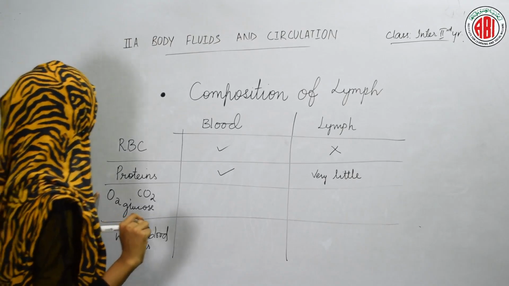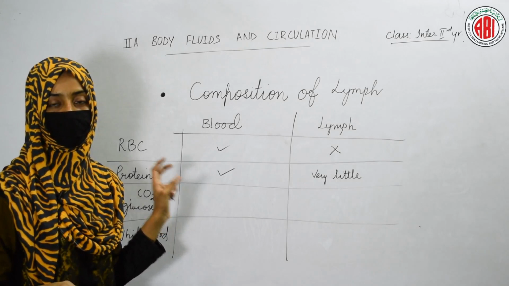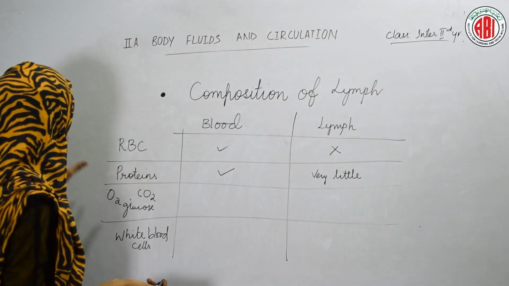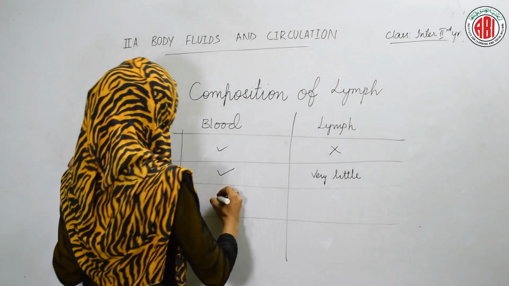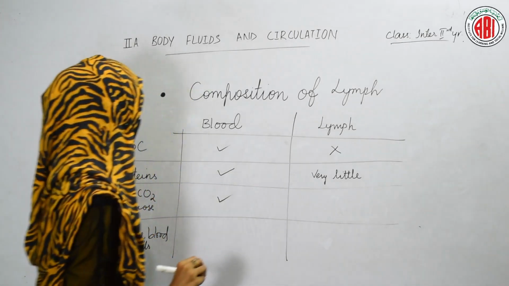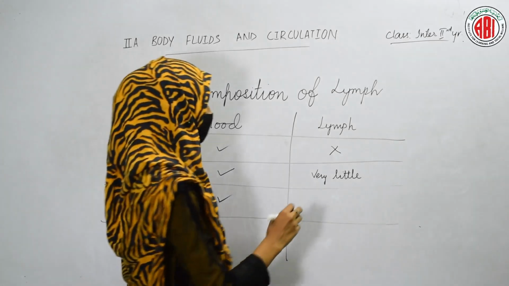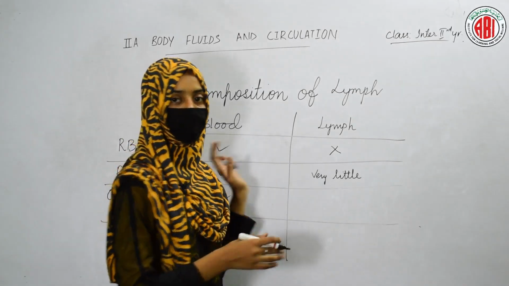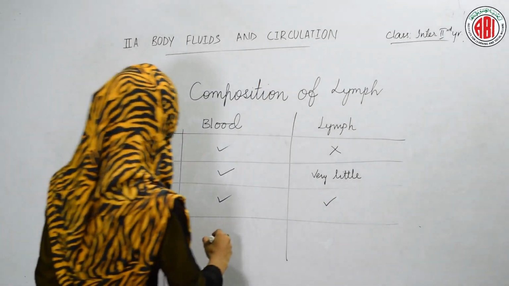When we talk about gases like oxygen, carbon dioxide, and also the end product of digestion, glucose, all these things are present in the blood, and the gases and glucose are also present in our lymph. White blood cells are present in our blood.